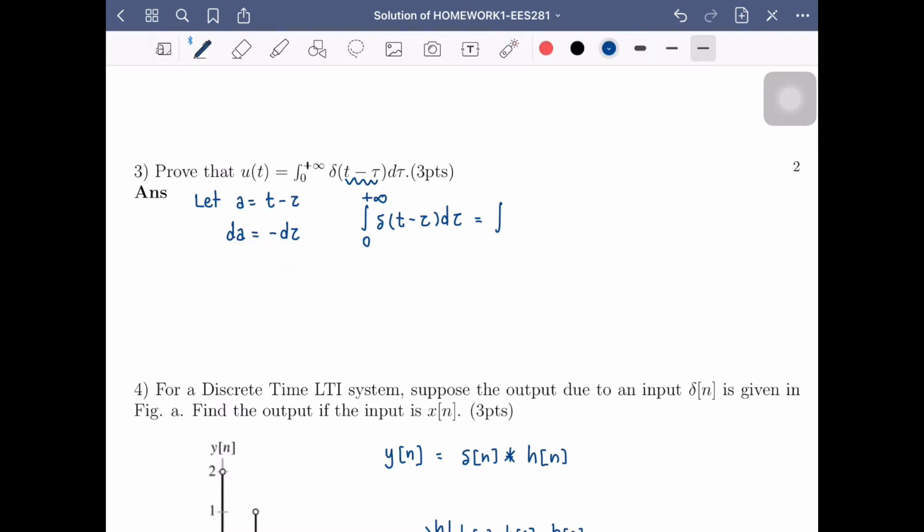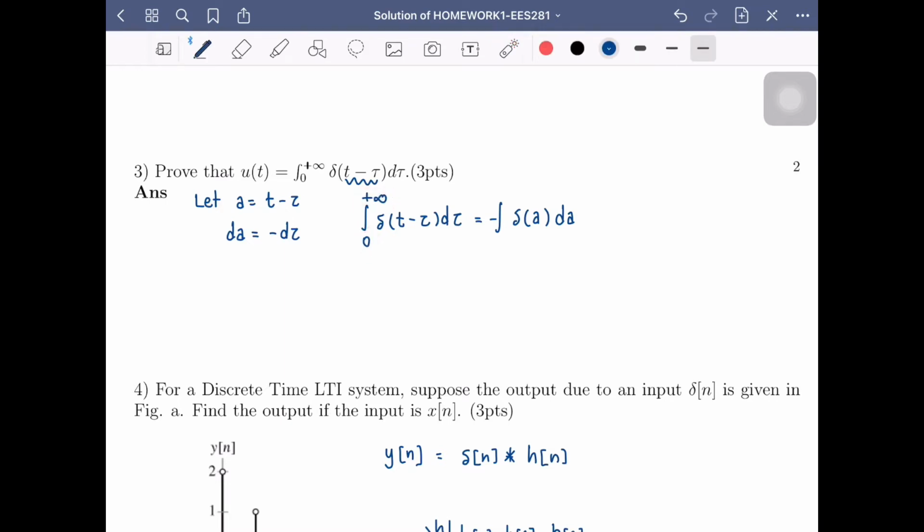Like we got the delta of a dA with the minus sign, and then we have to rewrite the interval. As previously, we have 0 to plus infinity.